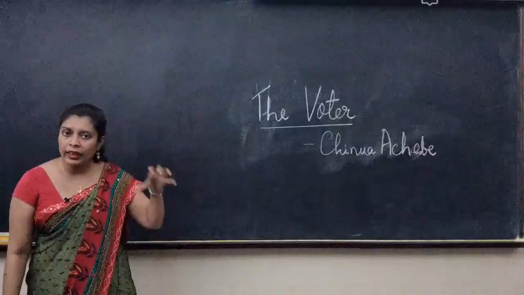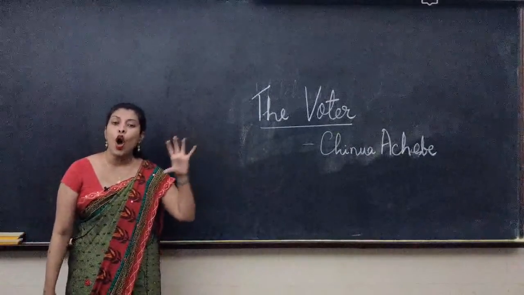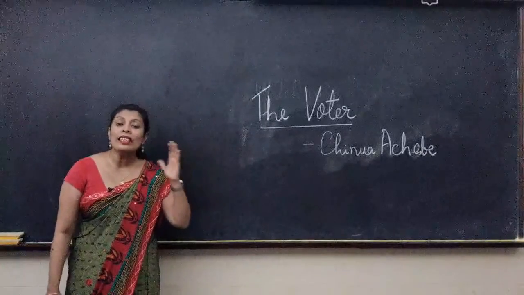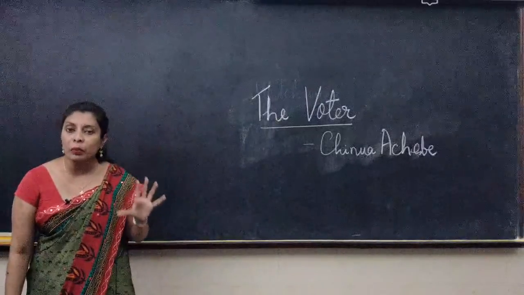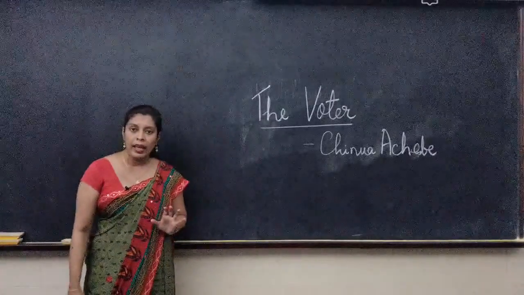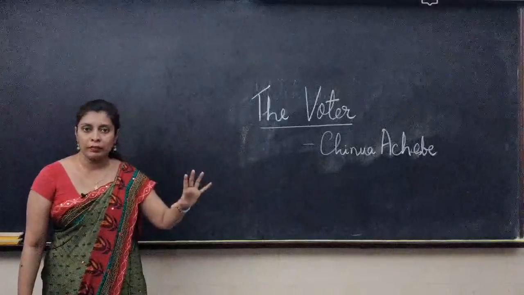The democratic government is the government of the people, for the people and by the people. So, the citizens, the people of the society are responsible for the formation of the government. And this is the reason people vote.